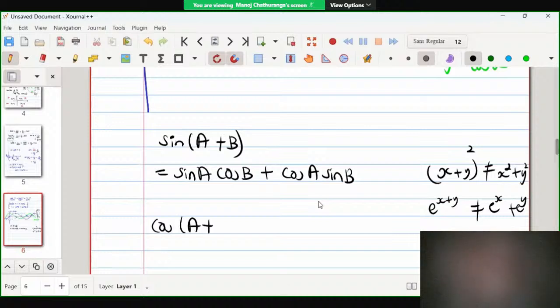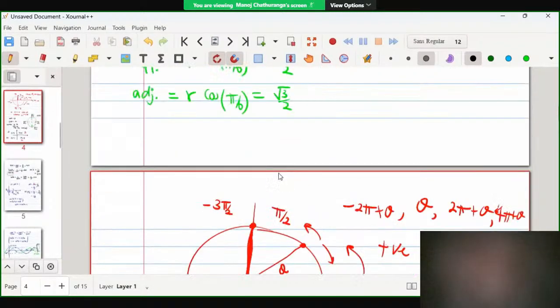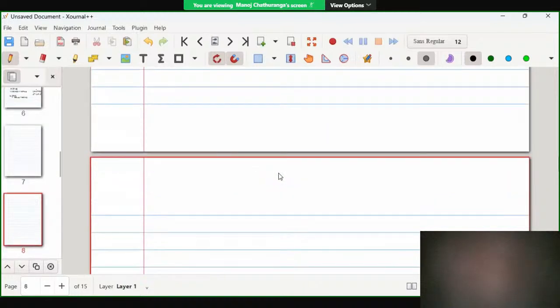Cosine of A plus B is cosine A cosine B minus sine A sine B. These are not that important for our discussion. You really need a basic understanding of trig functions, which I think you have now.